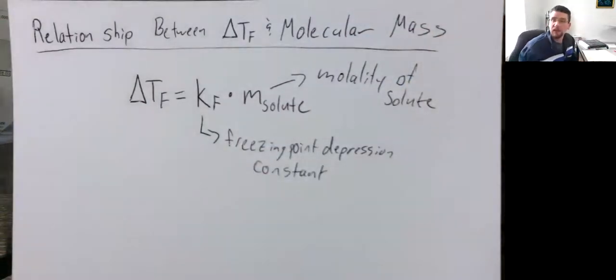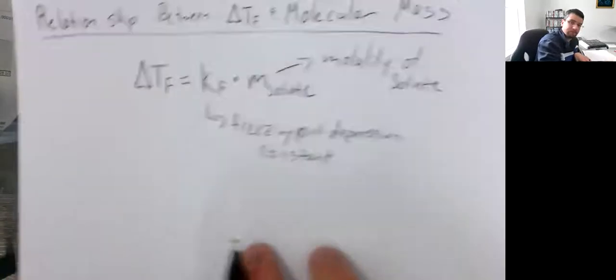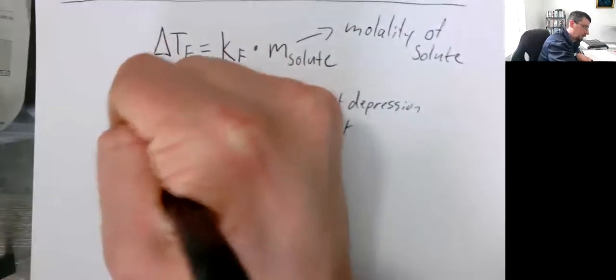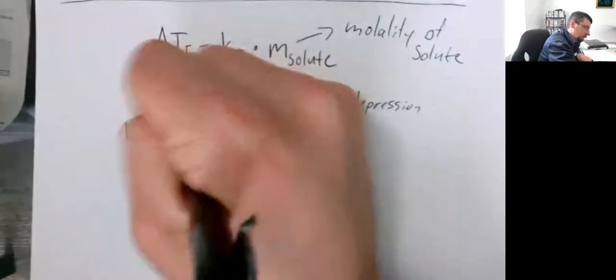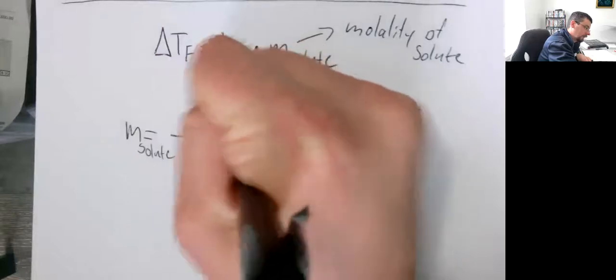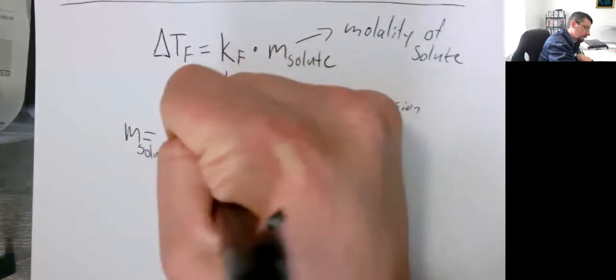Okay, so how do we calculate molality? Molality of a solute particle is equal to the moles of that solute particle divided by kilograms solvent.